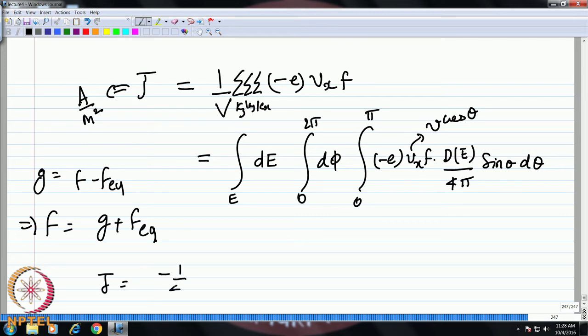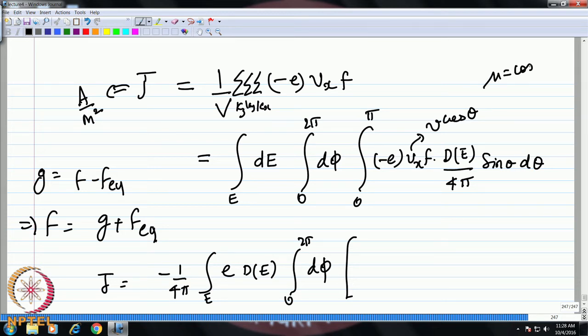minus 1 by 4 pi E d of E, this is over energy, and then we have 0 to 2 pi, it is not varying with the phi space. So, this can be taken out. Now, with respect to 0 to pi, my cos theta is nothing but mu, right, mu is equal to cos theta, therefore, d mu will be sin theta d theta.